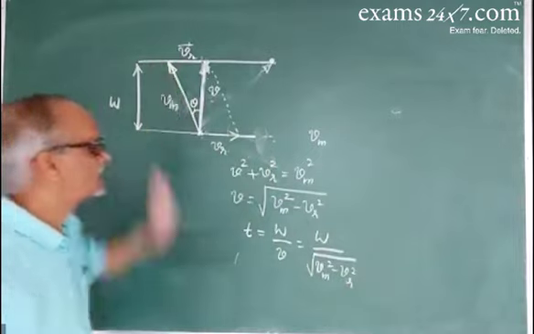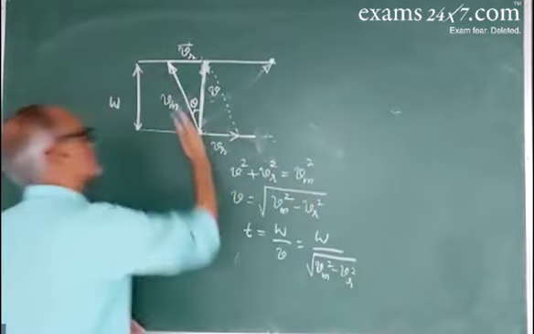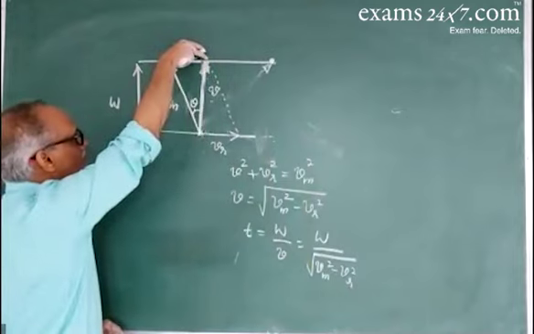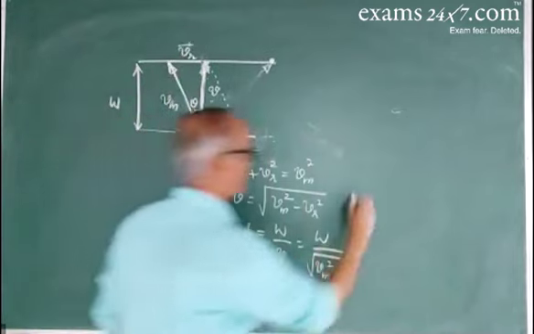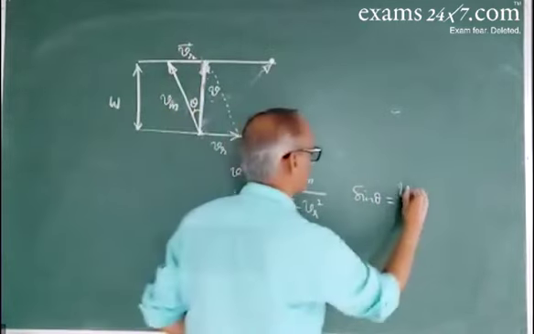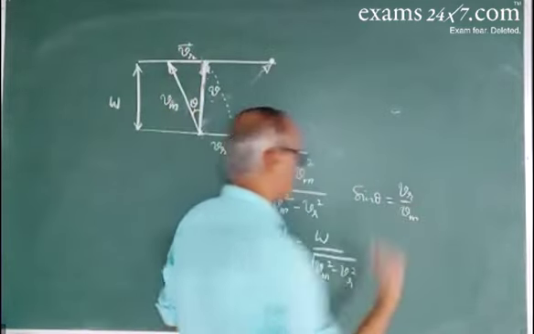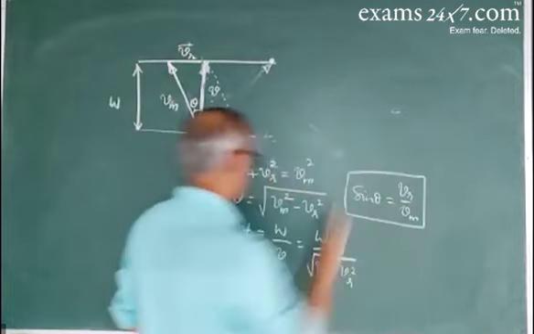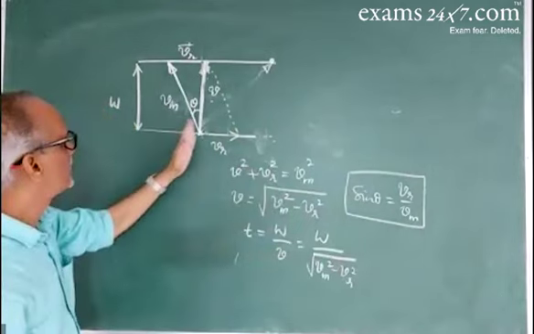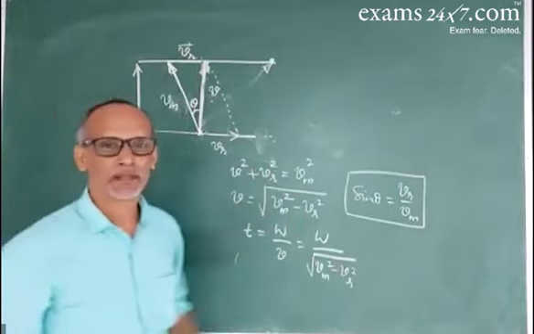How to find the angle at which the person has to swim upward? So Vr here is the opposite side, this is the hypotenuse. So therefore you're going to get sine theta is equal to Vr by Vm. So all these equations are applicable under the condition that the person wants to cross the river in the shortest path.